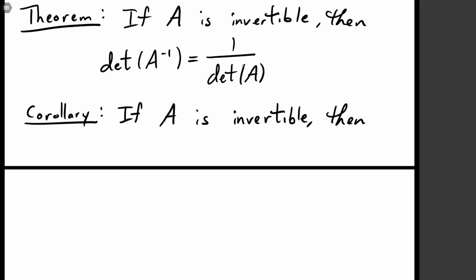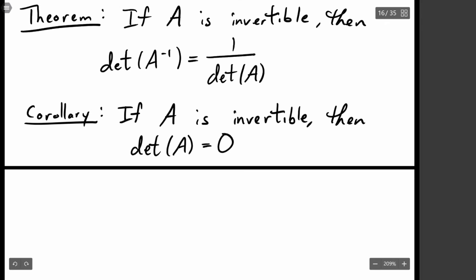Well, this right side here is a fraction, and it has the determinant of A in the denominator. So every matrix has a well-defined determinant that gives us a number. So if this expression over here on the left is to make sense, then this expression on the right has to make sense. So the determinant of A has to not equal 0.